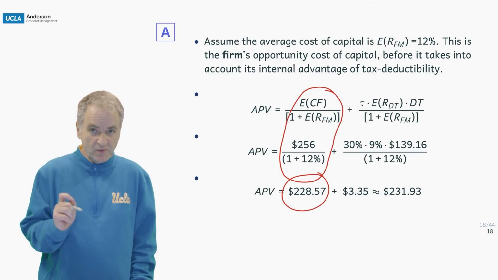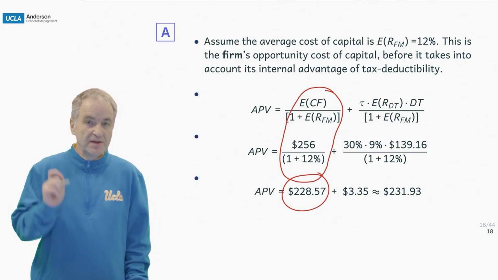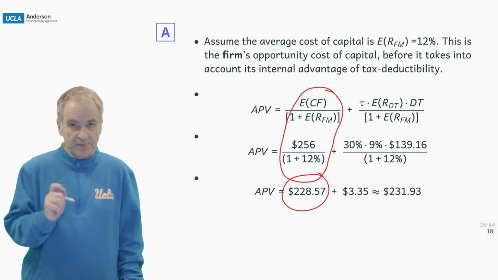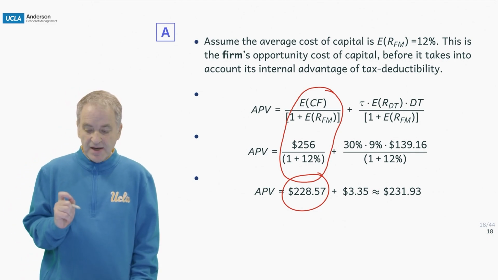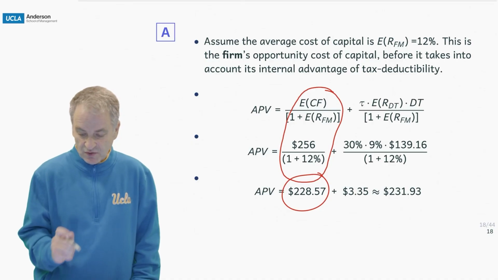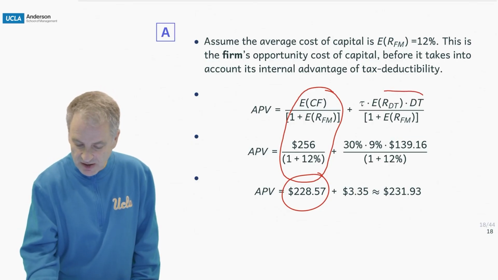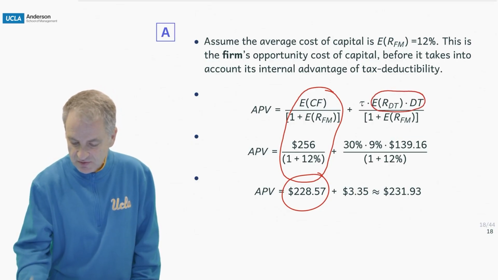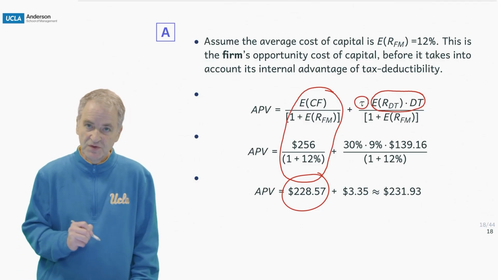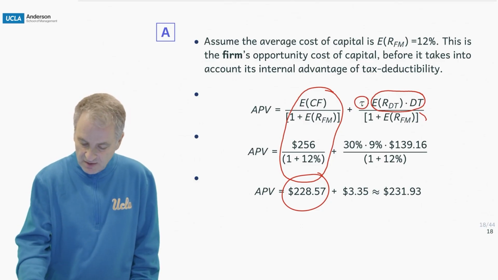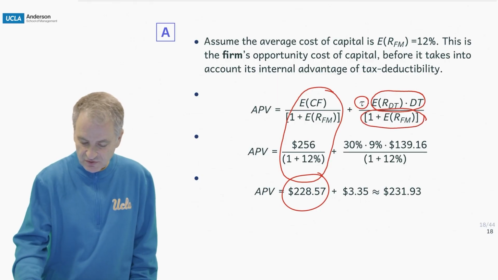But we know if we go to the 60-40 debt equity capital structure, we're going to get extra money from Uncle Sam. The amount of extra money is going to be how much I pay in interest, which is this part, multiplied by the tax rate, properly discounted to today.